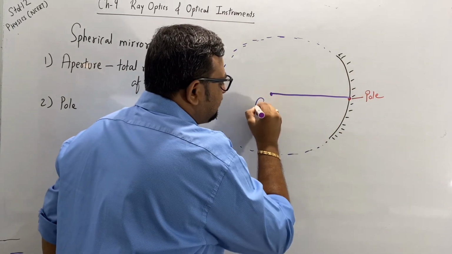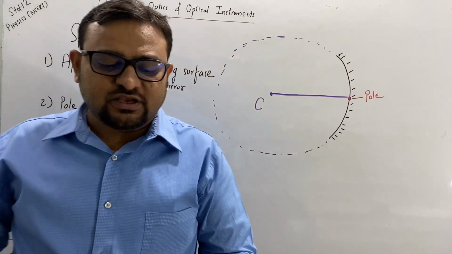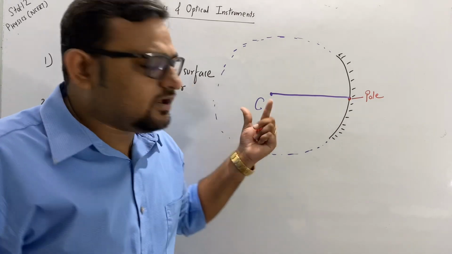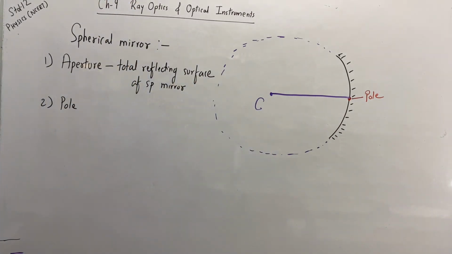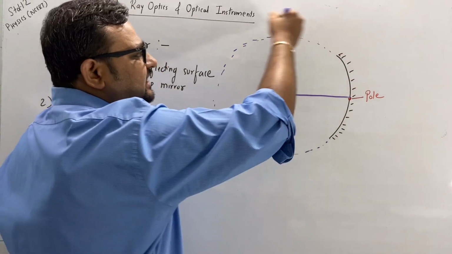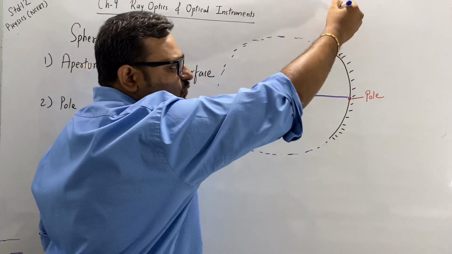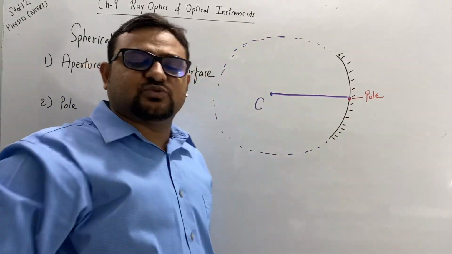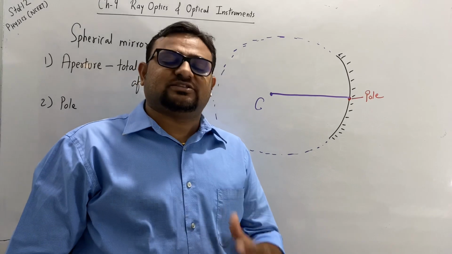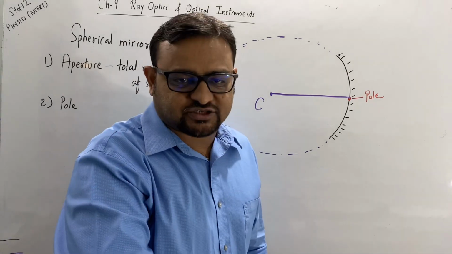So this point is called center of curvature. Okay, this is the center of curvature, the center of the spherical shell from which the spherical mirror was made is called center of curvature.